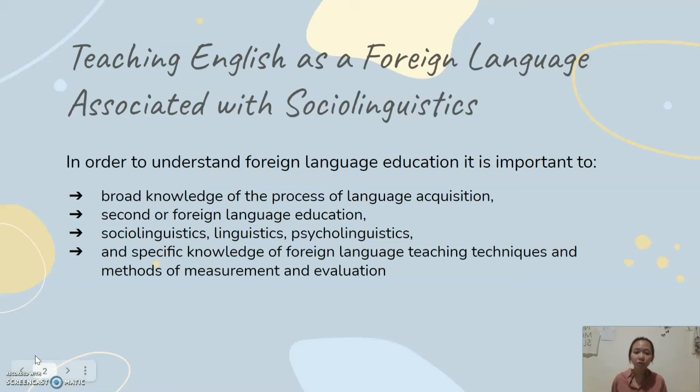In order to understand this phenomenon, it has become important to have broad knowledge of the process of language acquisition, second or foreign language education, sociolinguistics, linguistics, psycholinguistics, and specific knowledge of foreign language teaching techniques and methods of measurement and evaluation.